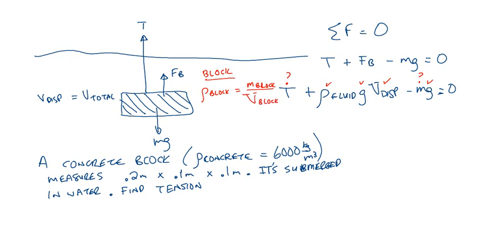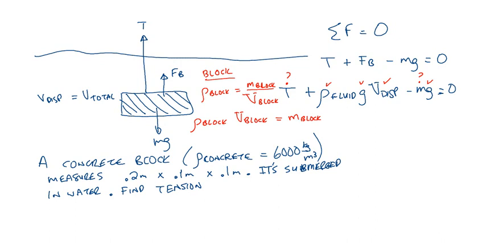And that would be the entire volume of the block, even if it weren't completely underwater, right? We're thinking about the block here, above water, underwater, doesn't matter. That would be the density of the block. So see how I can say density of the block times the volume of the block would be the mass of the block.